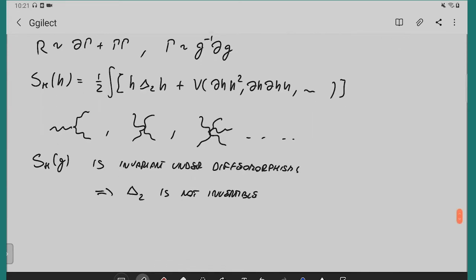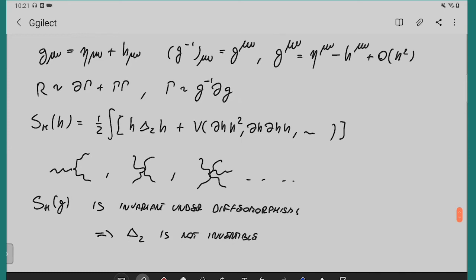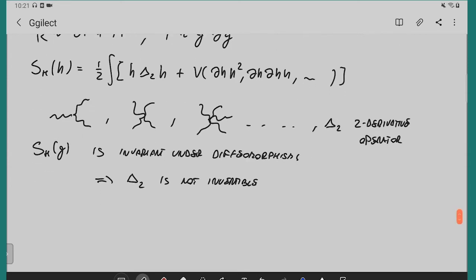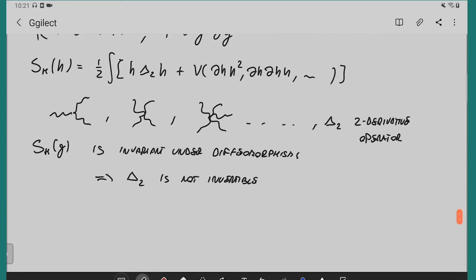And so this delta 2, I didn't write it, but it's a two derivative operator. So this is just to let you know how this is done, but not the details.